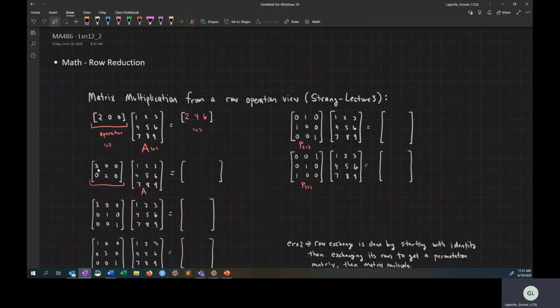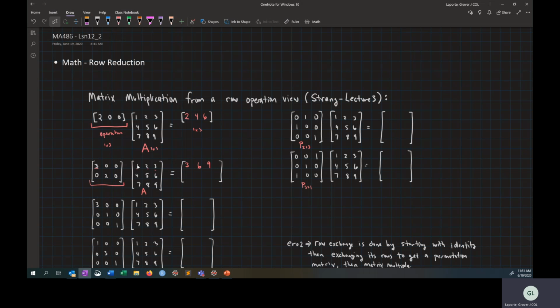Just like before, when I take this row and multiply by each one of these columns, all we're simply doing is taking whatever this number is and multiplying it by each one of these numbers. That would simply be 3, 6, and 9, just like you would suspect. Now think about what happens with the second row.